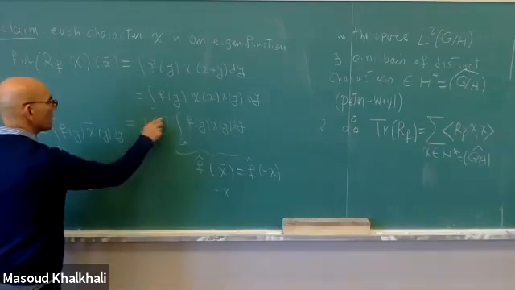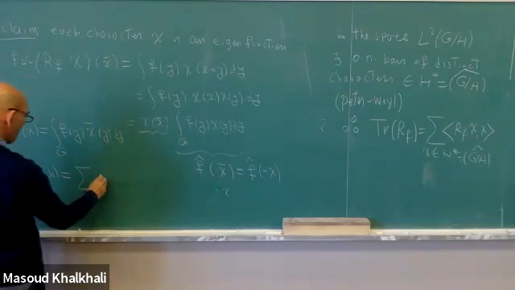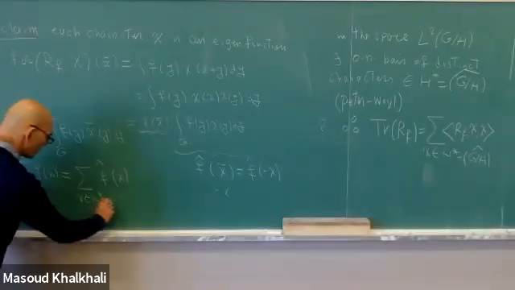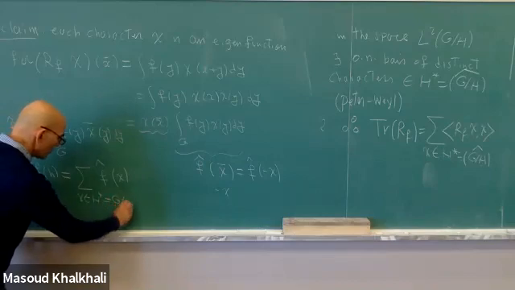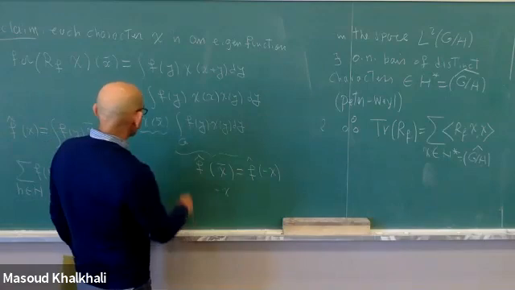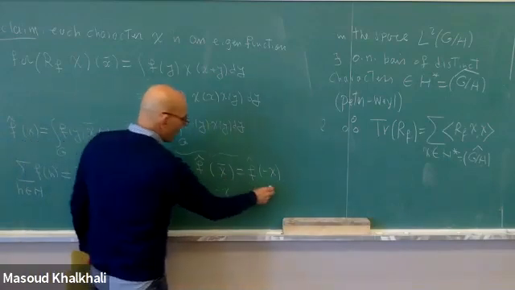So the sum of f of h over h in H is equal to the sum of f hat of chi over chi belonging to H star, and let's not forget this is G over H. So the character comes out, but this is the eigenvalue.